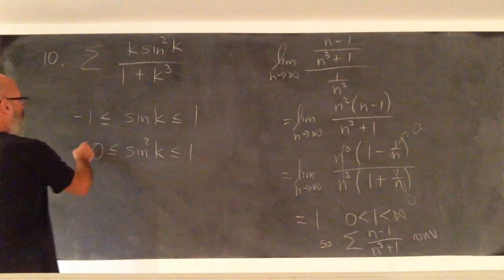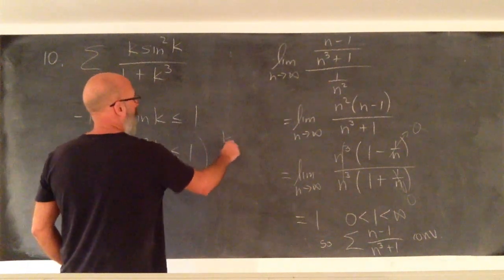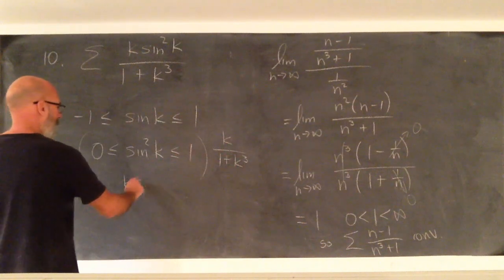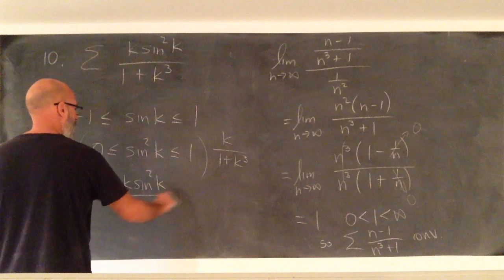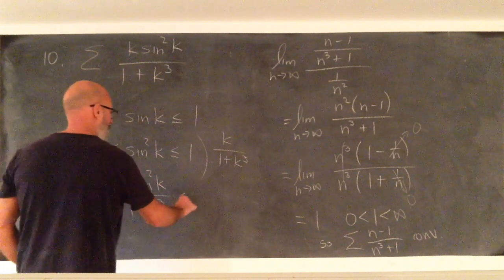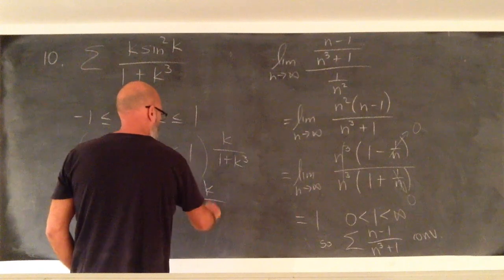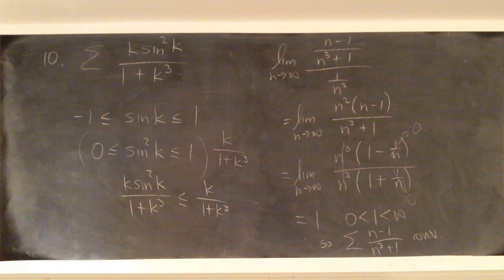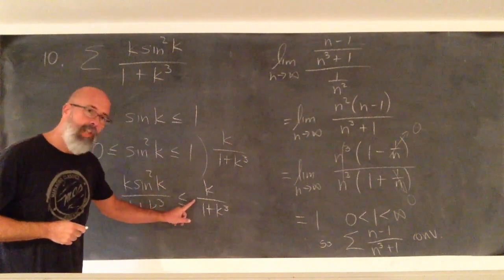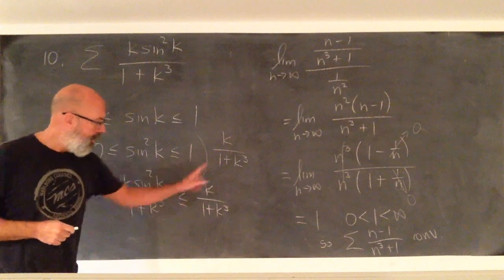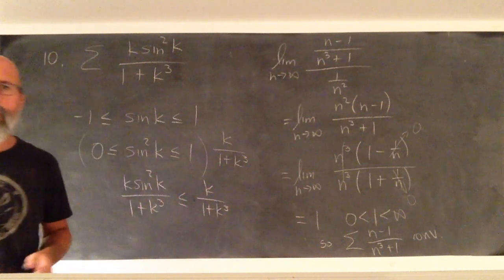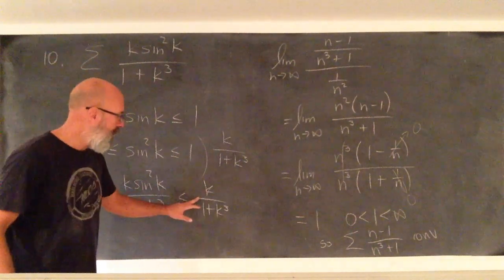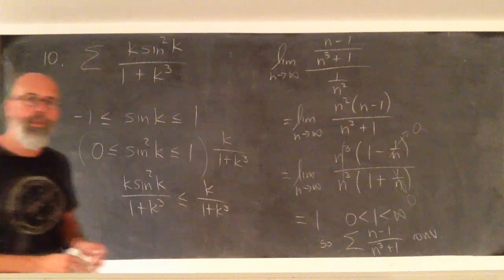And if you multiply this whole inequality by k over 1 plus k cubed, you see that k sine squared over 1 plus k cubed is less than or equal to k over 1 plus k cubed. So if we can establish the convergence of this series, we're good to go. If the larger series converges, then the smaller series will converge as well.